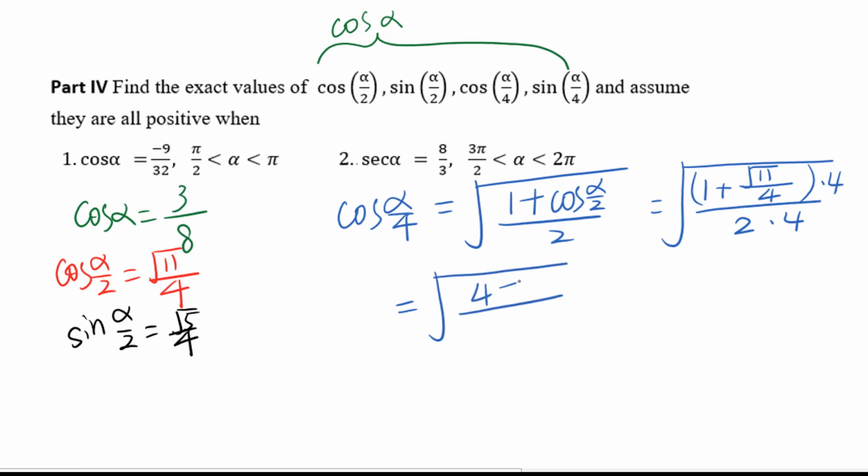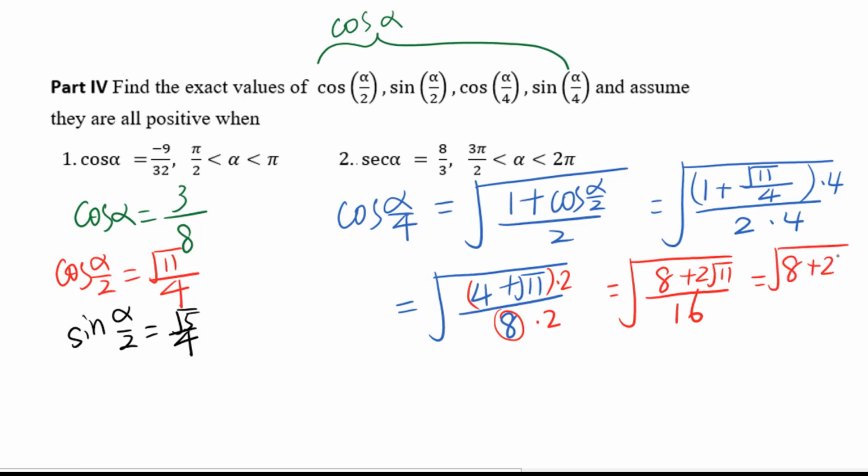Top will be 4 plus square root of 11, then over 8. We want to take out this 8. You have to multiply by 2, top and bottom. Therefore, you will get square root. Here's 16. 8 plus 2 square root of 11. That equals square root of 8 plus 2 square root of 11 over 16. Square root of 16 will be 4.